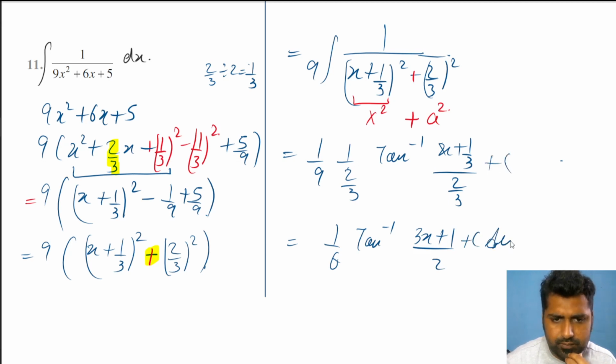Plus c. Okay. 1 by 6 tan inverse of this. And 1 by 9 was also going. 3x plus 1 by 2. Alright, this is done.